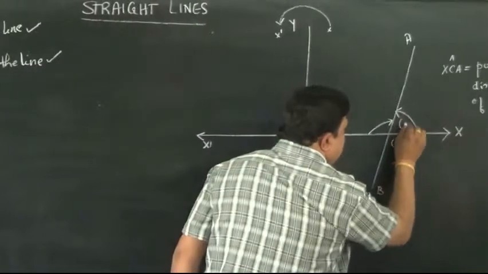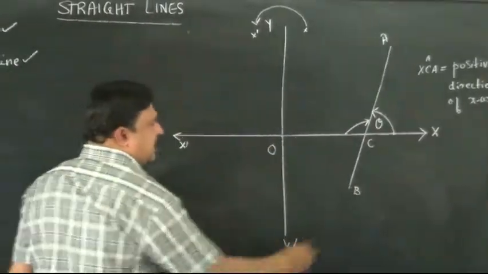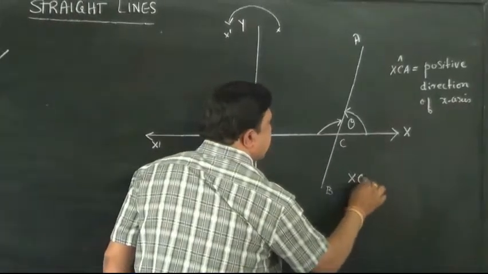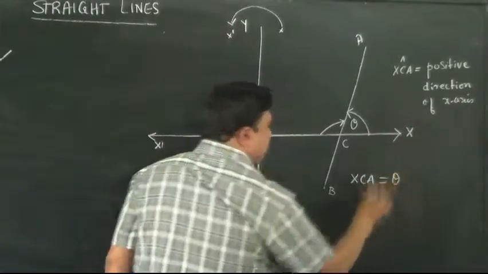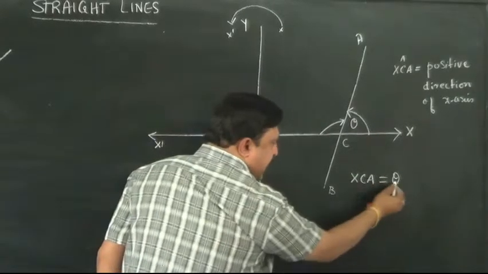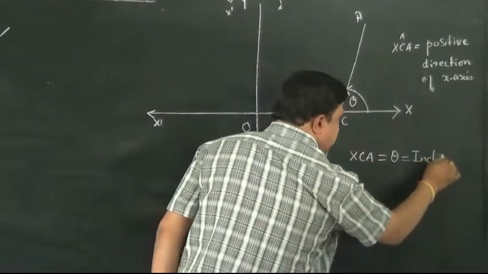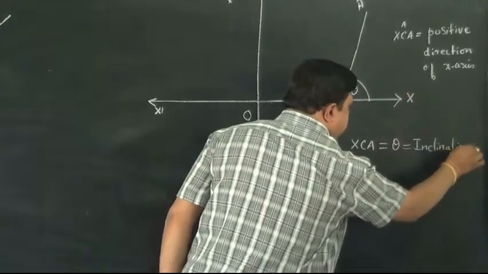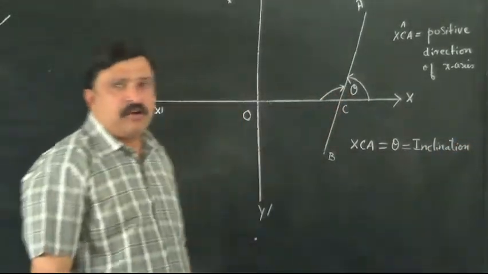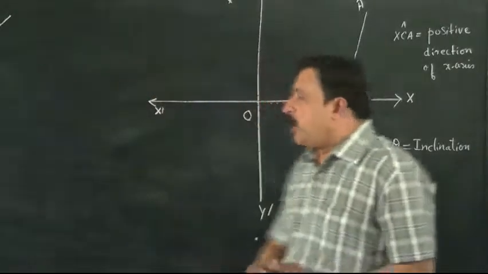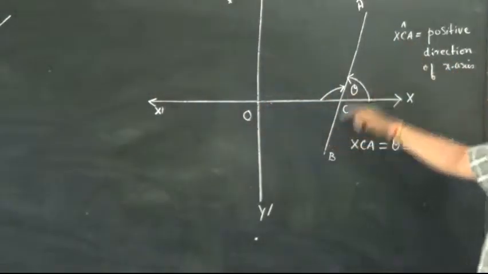Let this angle be theta. It is angle XCA is equal to theta. Angle XCA is called inclination of the line. This angle has got a name, and that name is called inclination. You know what is meant by inclination of a line?